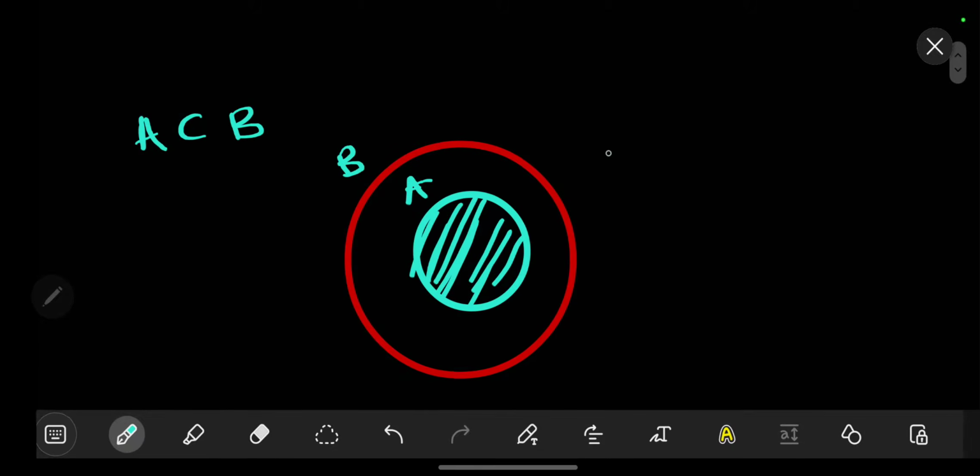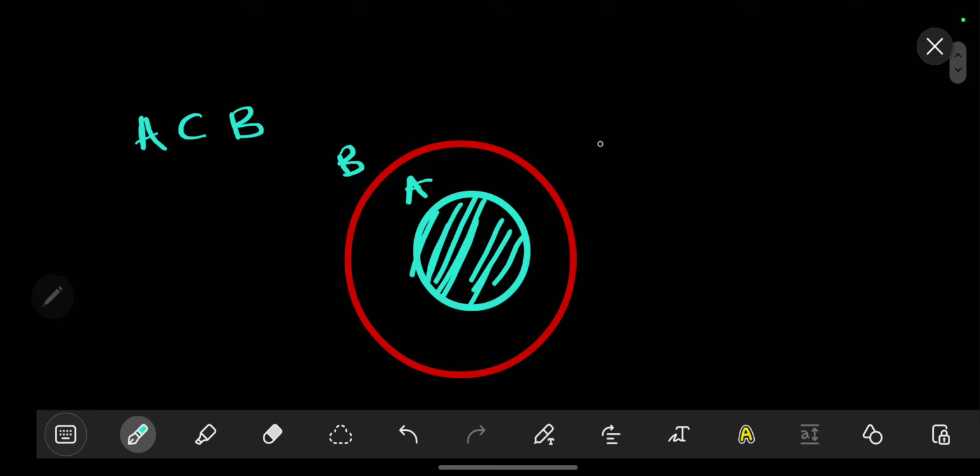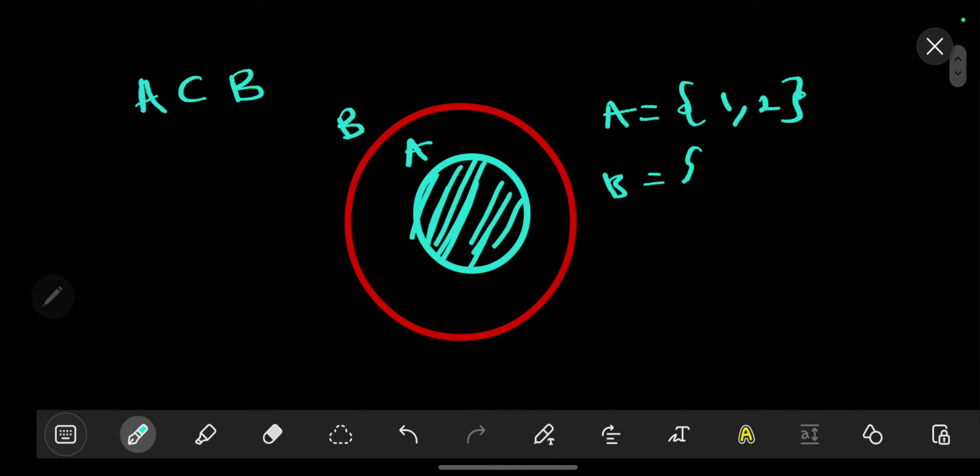So if A is equal to, let's say, {1, 2}, then B should also contain the same numbers, 1, 2, and even more. Let's say we have a 3. So this simply means whatever members are found in A are also found in B.